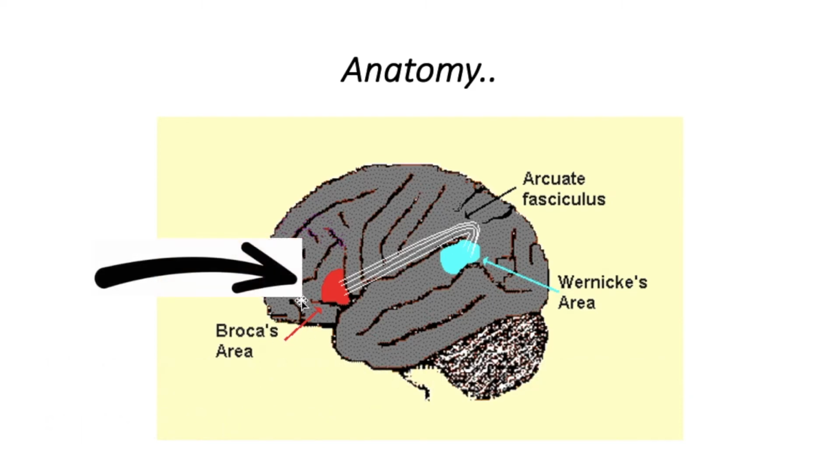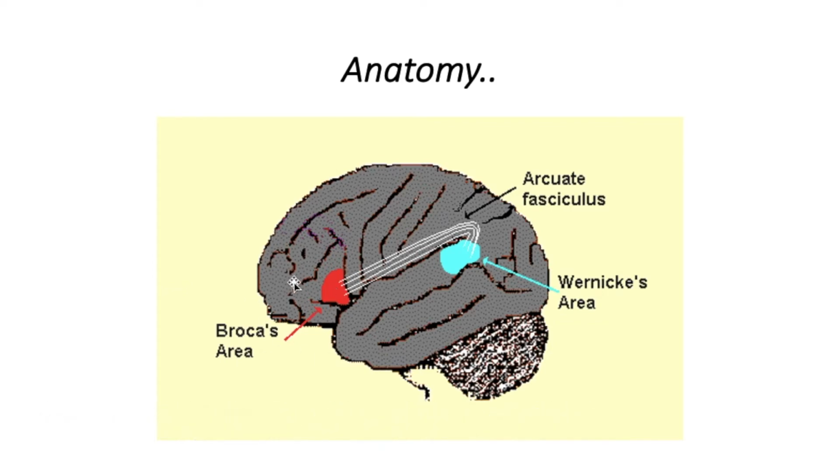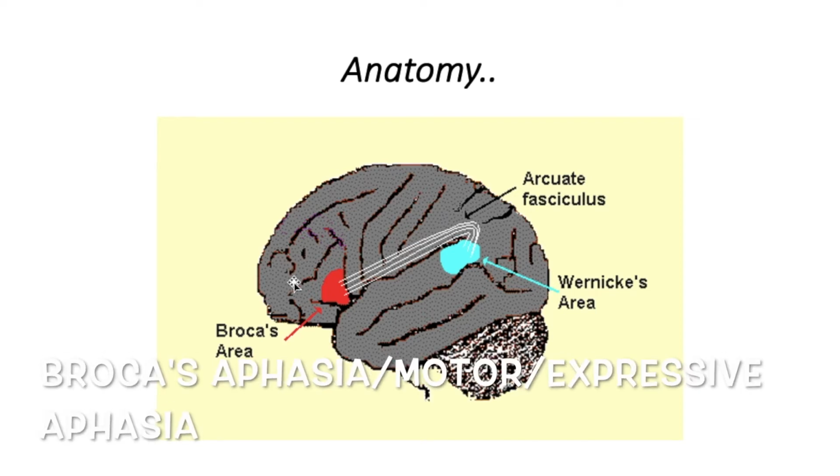Then there is the Broca's area, which is found in the left inferior frontal gyrus, which is responsible for speech production. That's why the problem here is called Broca's aphasia, or motor aphasia, or expressive aphasia.